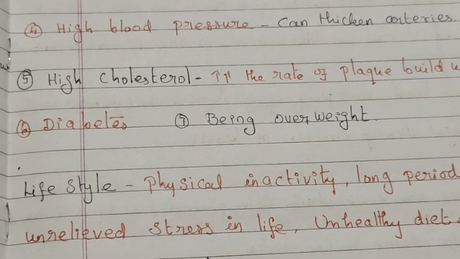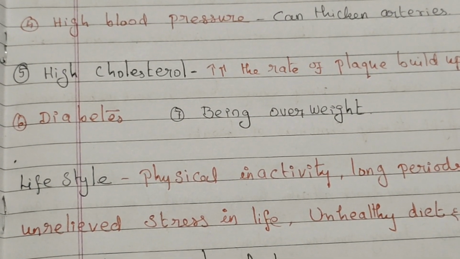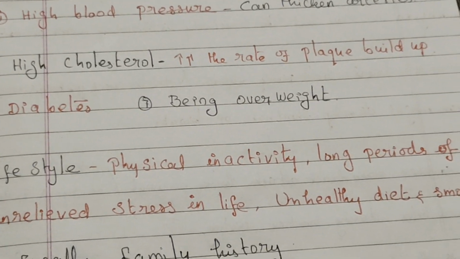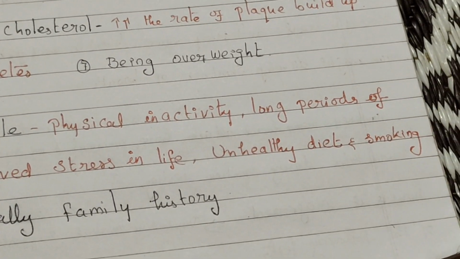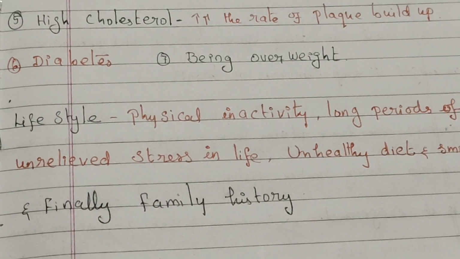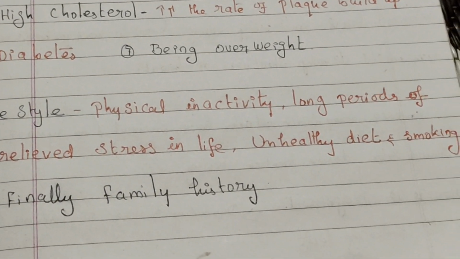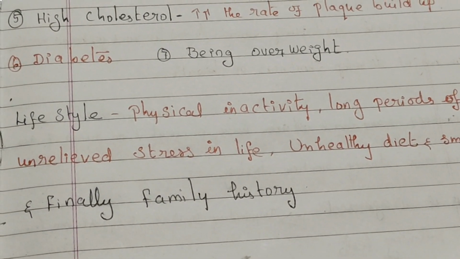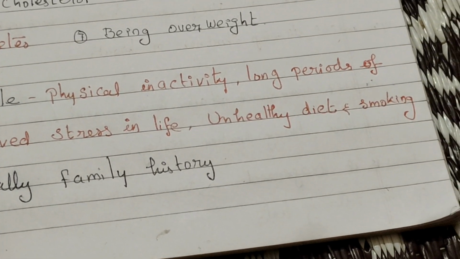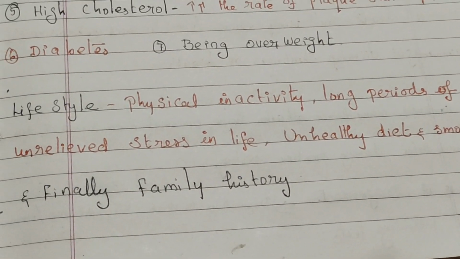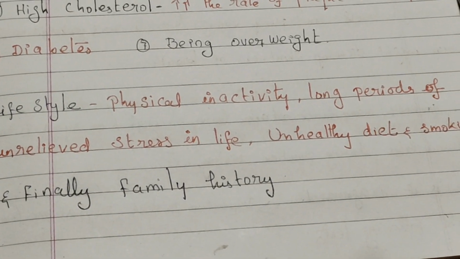Lifestyle plays a large role as well. Lifestyle includes physical activity, long periods of unrelieved stress in life, unhealthy diet, smoking, and finally family history.